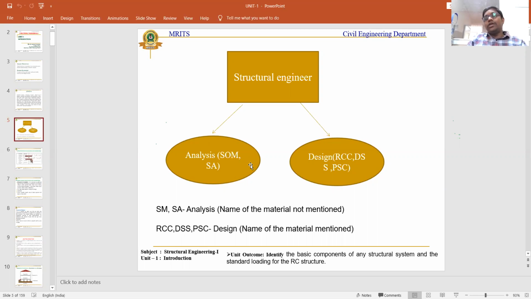Among all these methods, you are going to adopt the best method for analyzing a structure. And you can know the differences between them, what advantages we have and what disadvantages we have, which you will see in this analysis part.